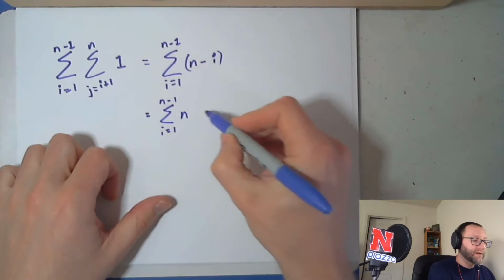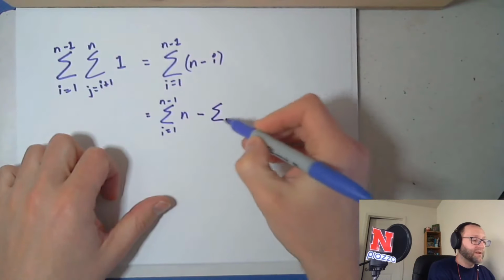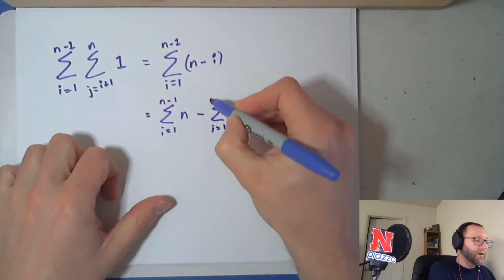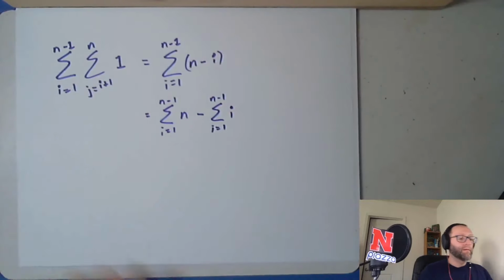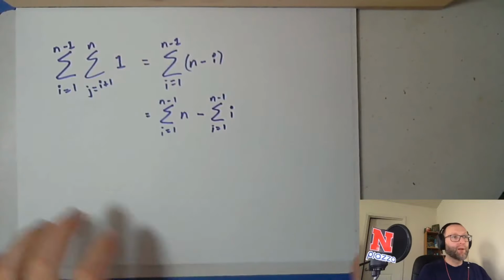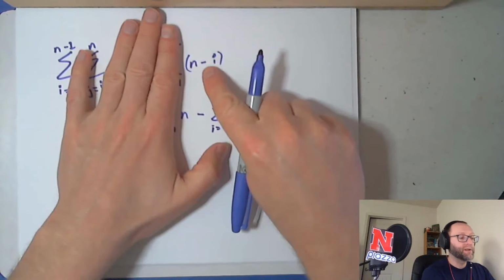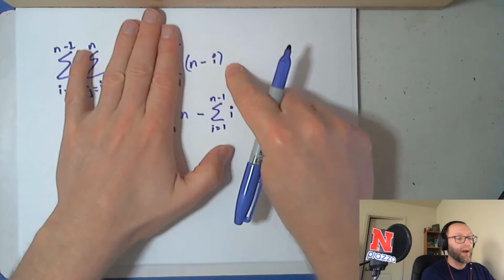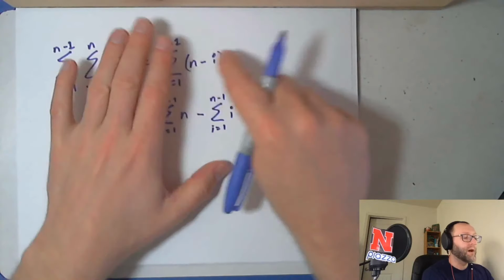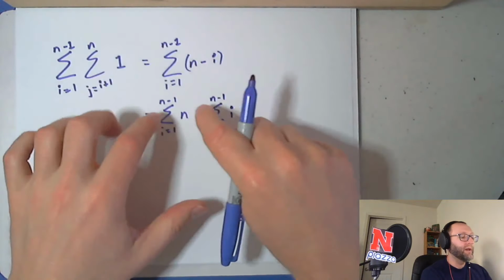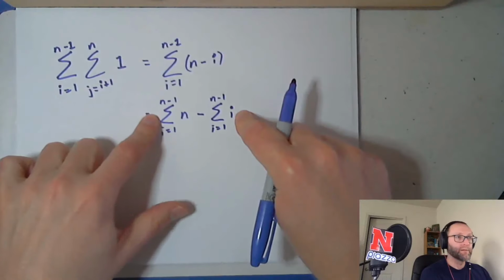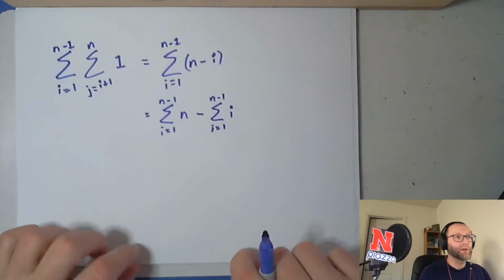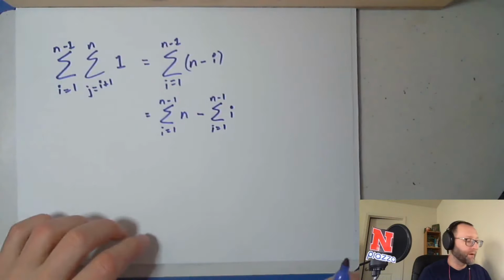This is a summation, and I'm just taking the negation out front here. i is equal to 1 up to n minus 1 of i. Right? So I split it up because this is a summation. It's just n plus negative i. And so the summation of sums is equal to the sum of summations and any other tricks that you can employ from your algebra. Right?